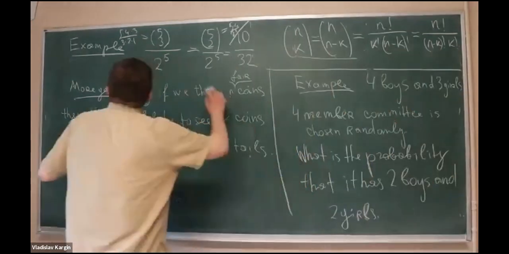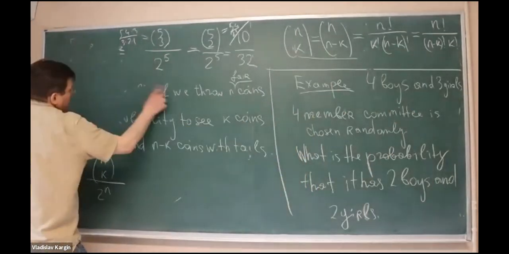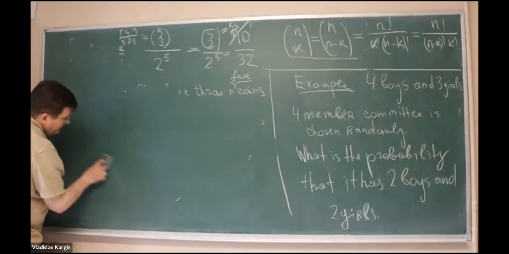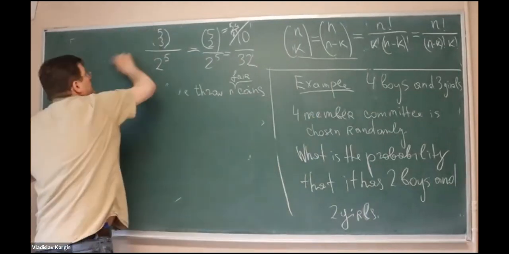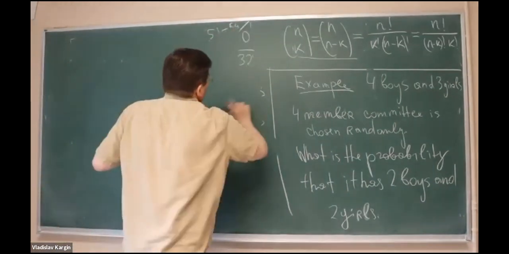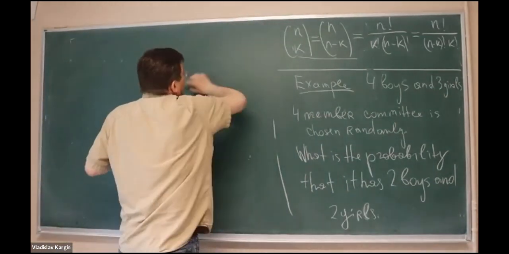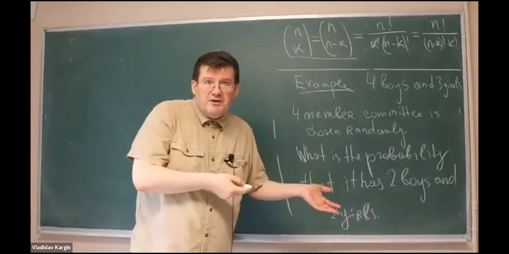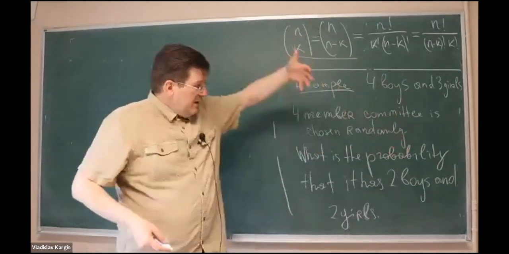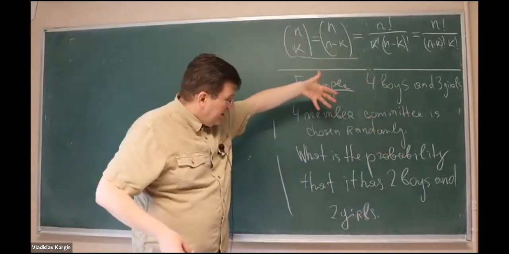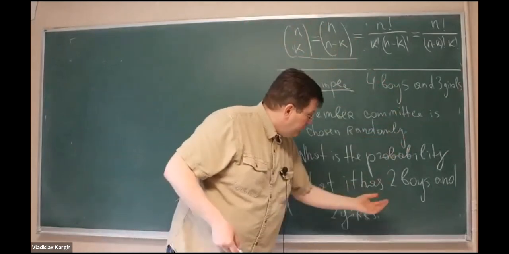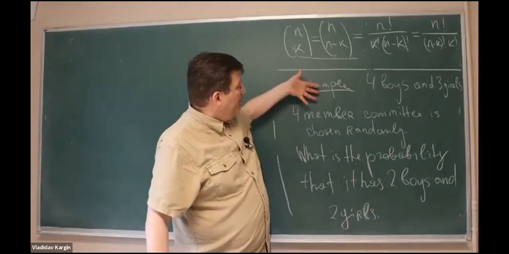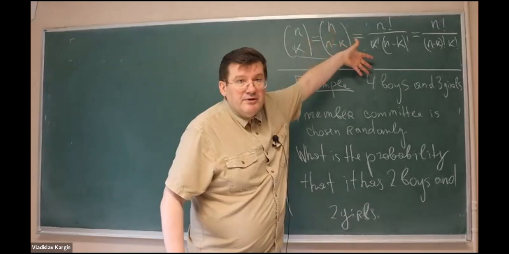In this case, we use the fact that every outcome is believed to be equally probable, and we use this classical formula: the number of possible committees that have 2 boys and 2 girls divided by the total number of committees of 4 members out of 7 people.